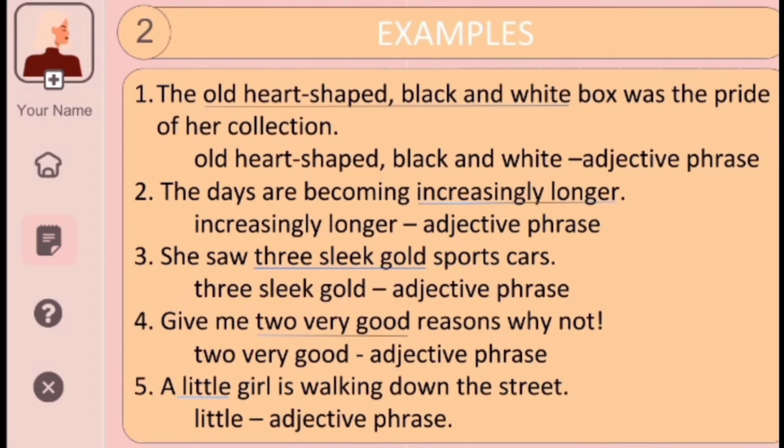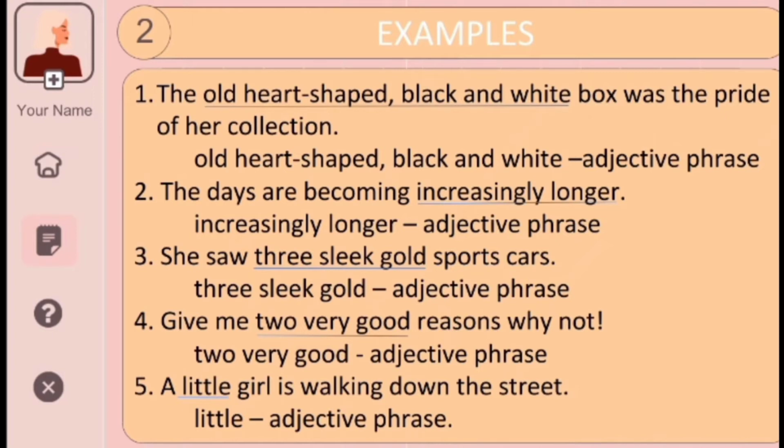First, we have: the old heart-shaped black and white box was the pride of her collection. Our adjective phrase in this sentence is old heart-shaped black and white. So that's our adjective phrase, AP for adjective phrase.